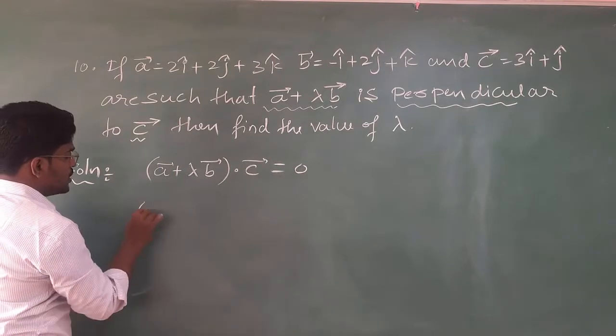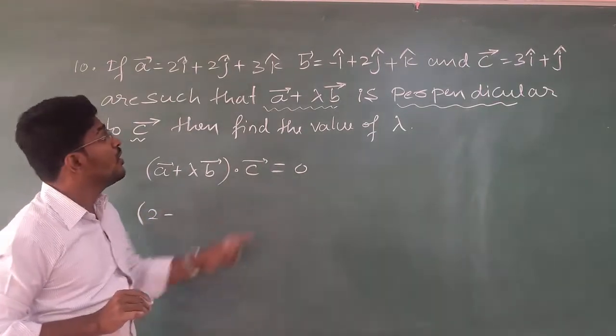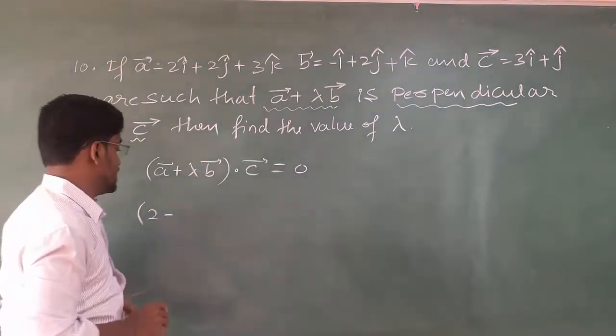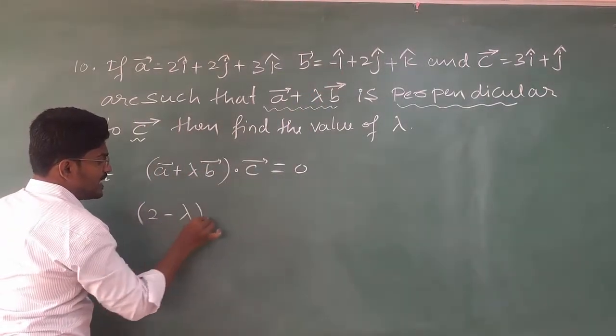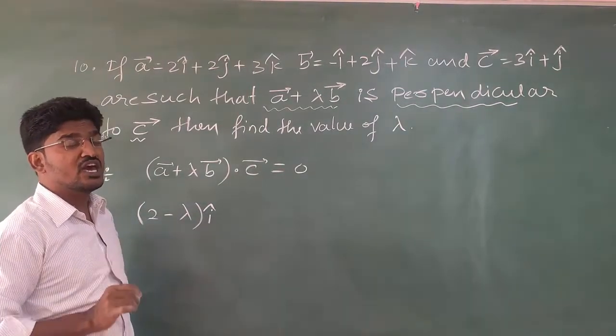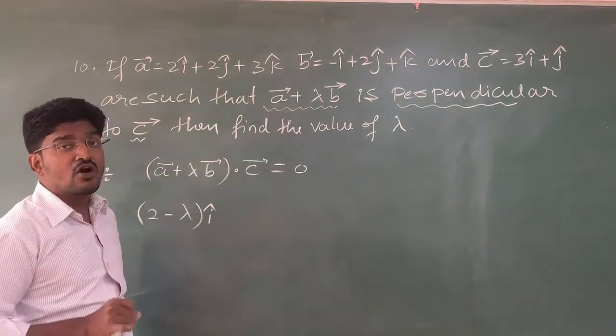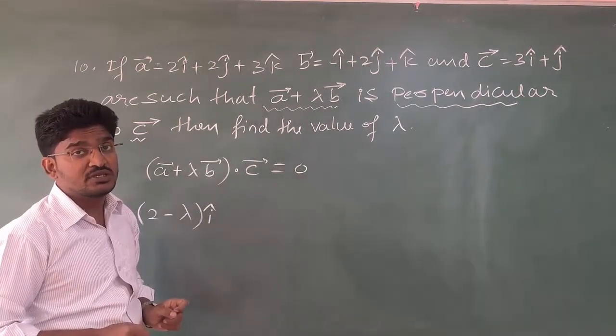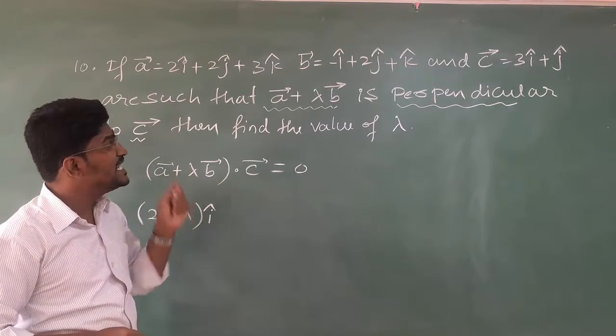So that is 2 minus lambda, because this lambda is multiplied for B. So that is 2 minus lambda i cap. Clear? Be very careful and very cautious, because here I am skipping one or two steps. So that's why I am neatly explaining.